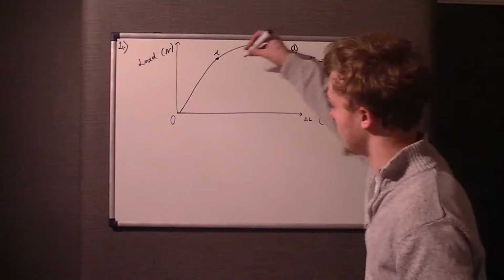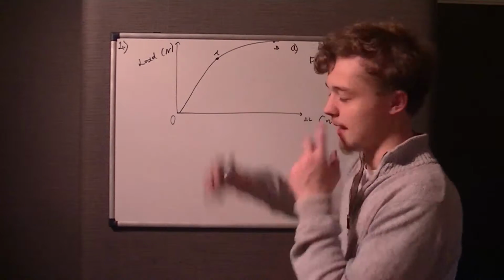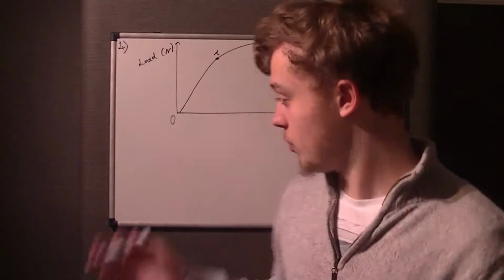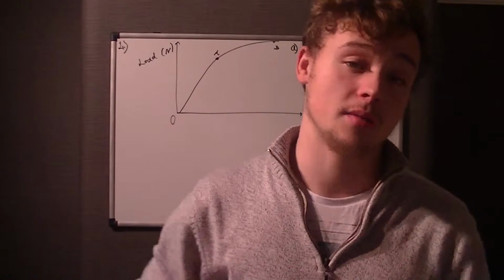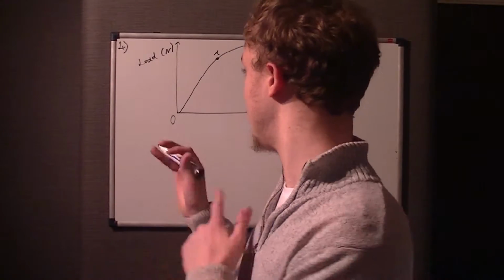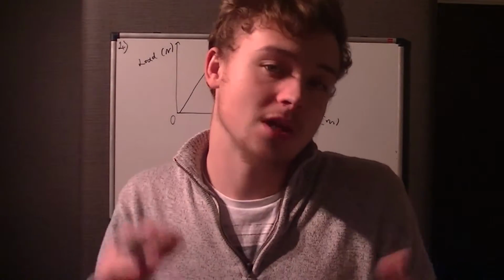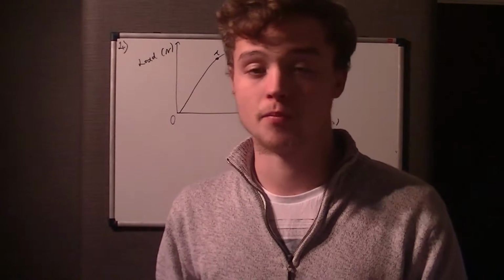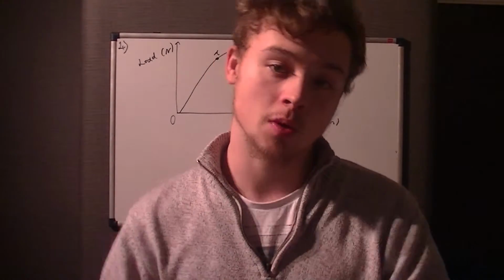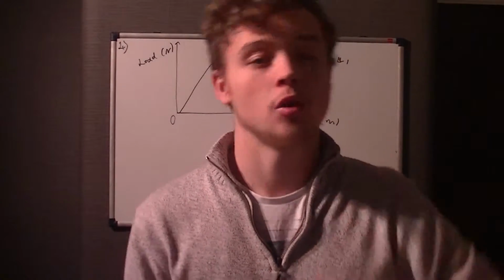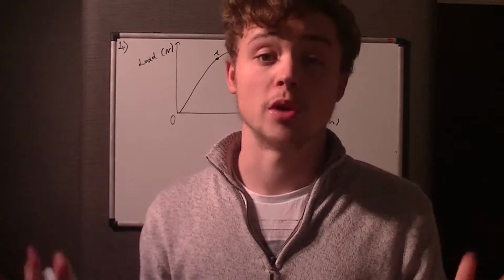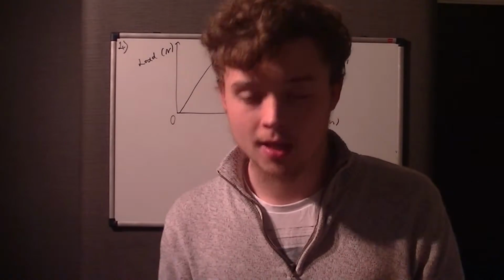There's no point working out the gradient past point A, because we need to follow it where it's following Hooke's law, so that's up to point A. Point A is where the limit of proportionality is, which you need to look up. It's just the point up to which a wire or a spring stops following Hooke's law.